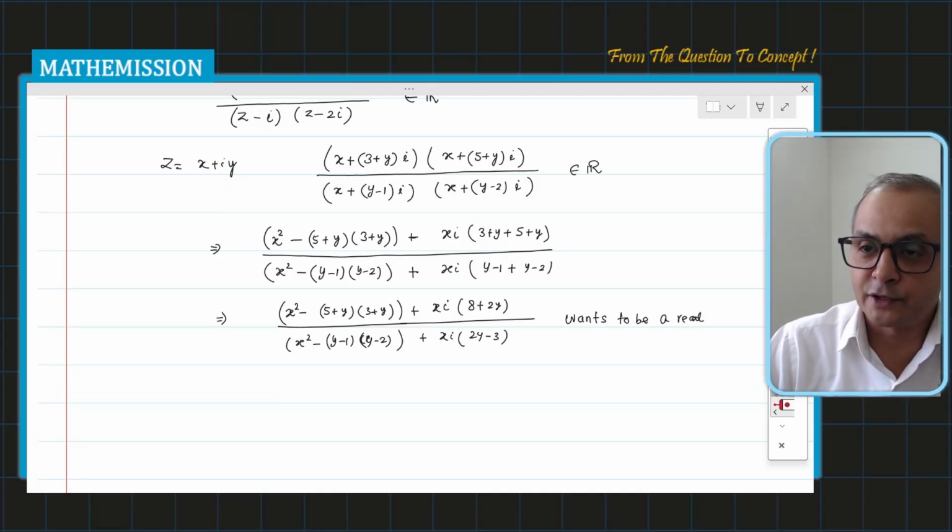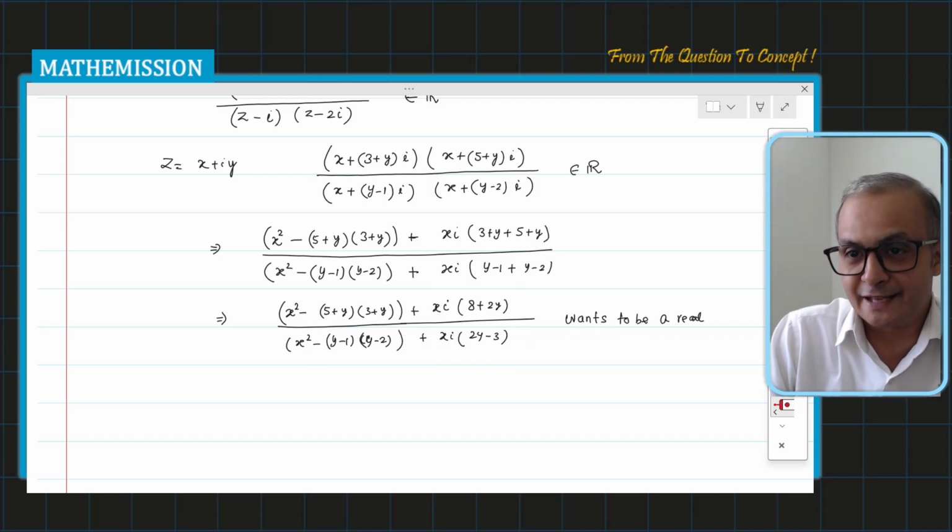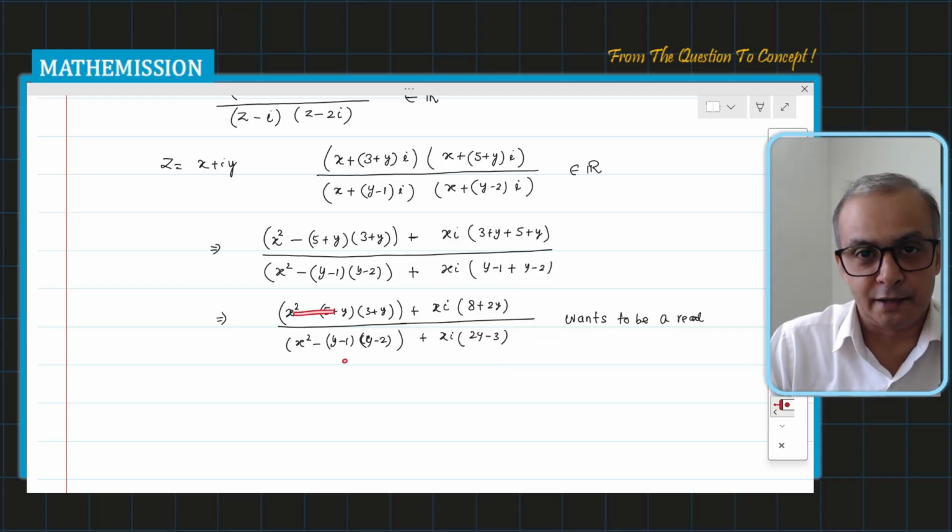Otherwise, if you took x equal to 0, that would completely get killed and we would be left with the real part by real part. Or if x is not 0, I can say that 8 plus 2y and 2y minus 3 should both be 0 simultaneously.